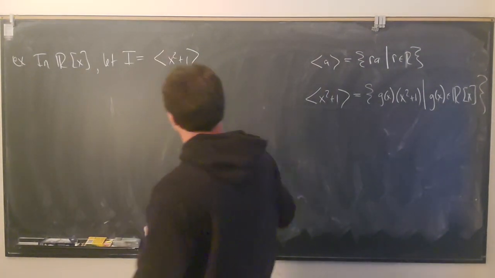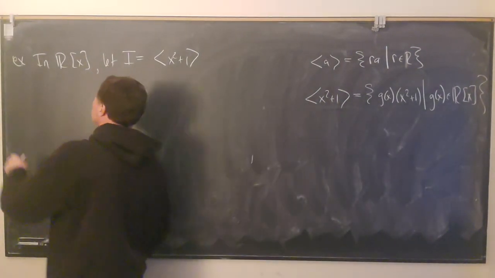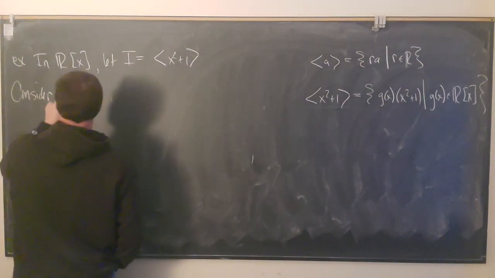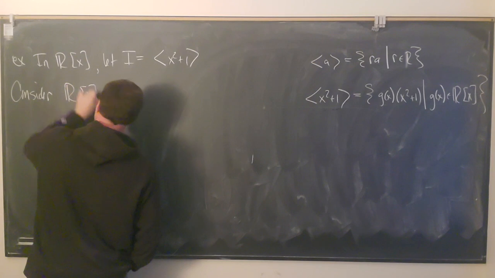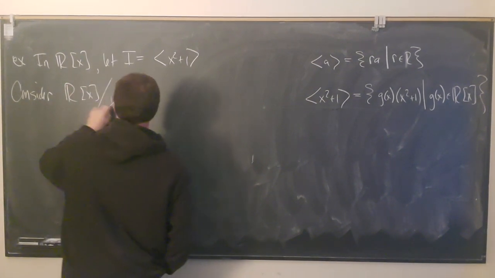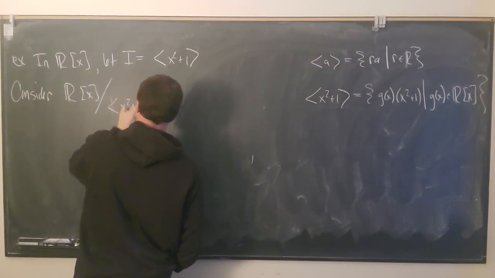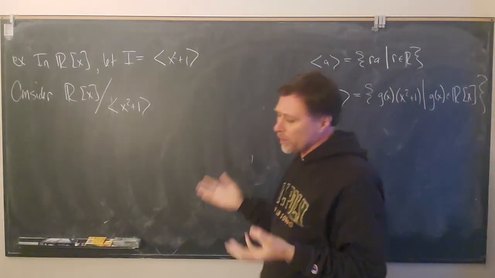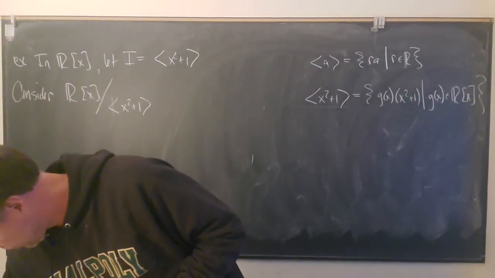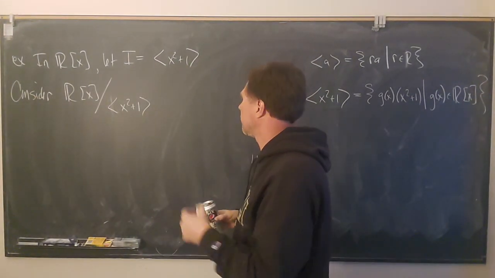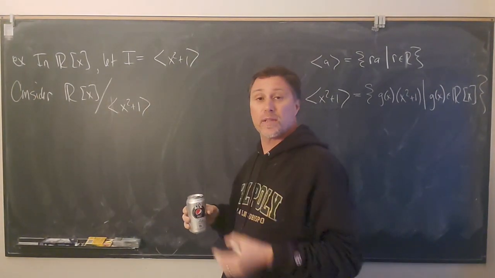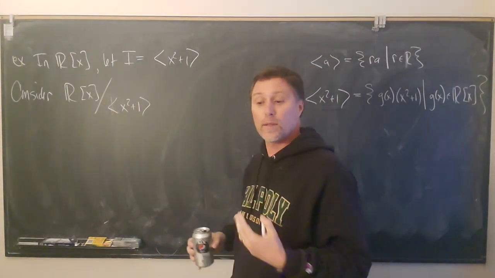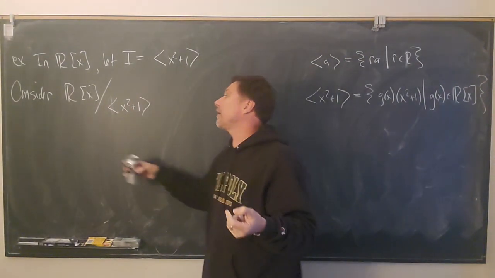Okay, so now I want to consider the quotient ring R bracket x mod x squared plus 1. I just want to play around with it a little bit and get a feel for what the elements look like. Who are the cosets? I don't even have a good sense of what I should say here. Let's just try to figure out who this is.